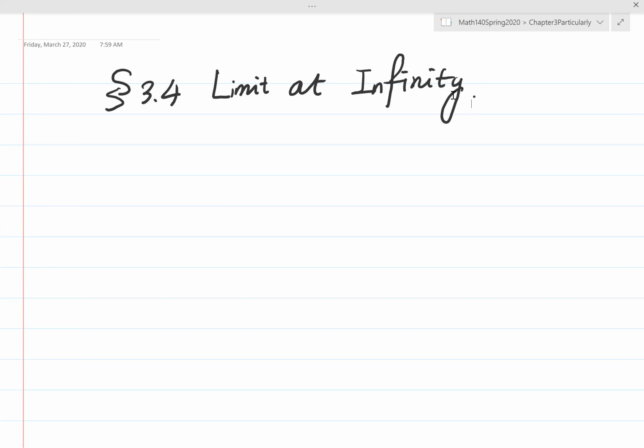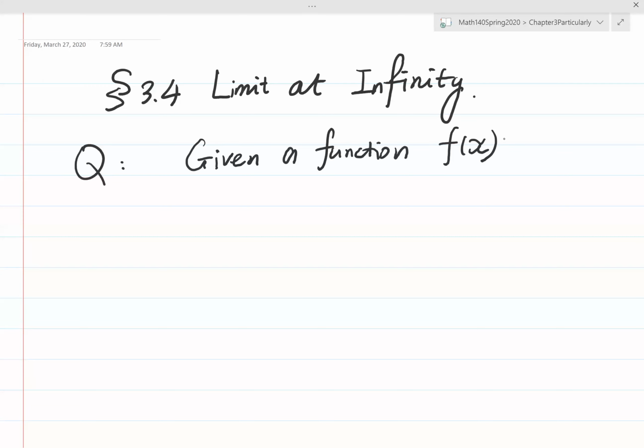Now a general question is: suppose we are given a function f(x). We want to know what happens if the value of x can be arbitrarily large.